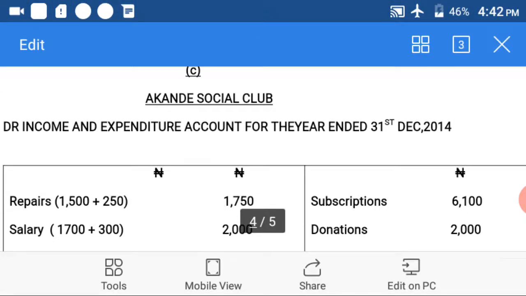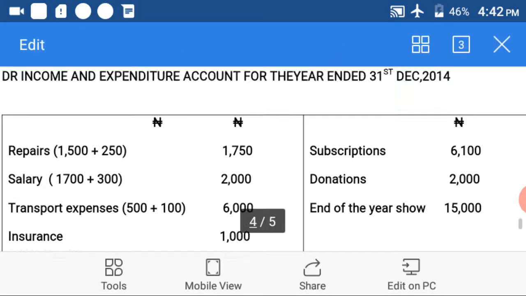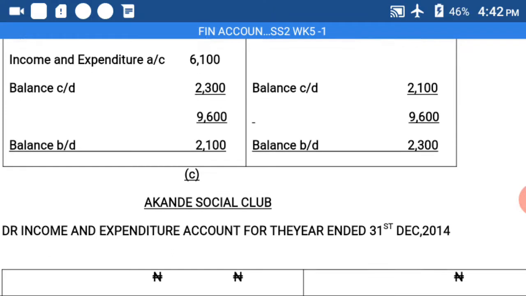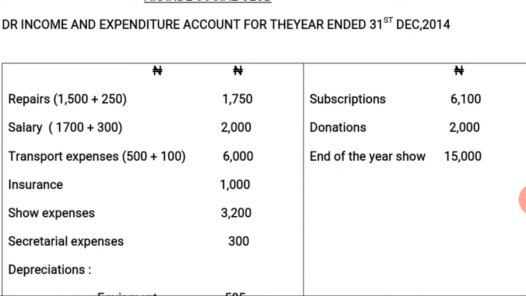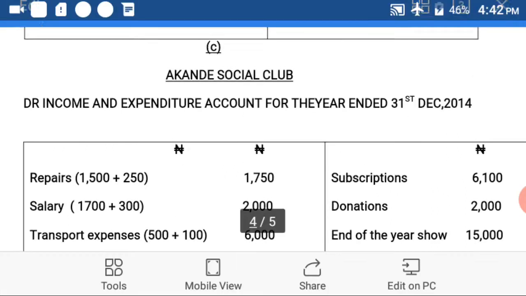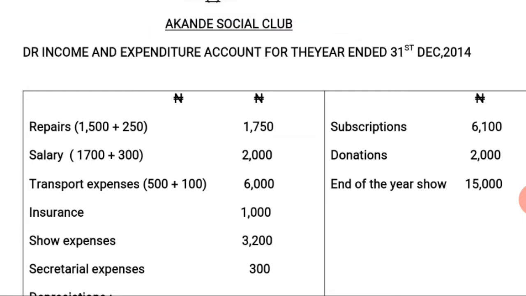As you know, the income and expenditure account is equivalent of the profit and loss account of a profit making organization. Therefore, we are going to be having the expenses side as well as the income side, and as we know, the expense side is the debit side while the income side is the credit side.